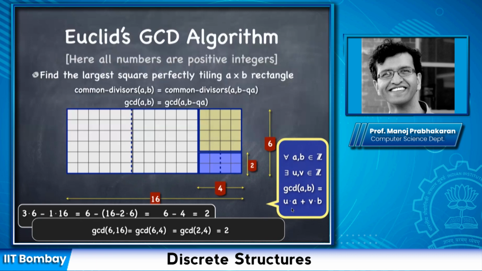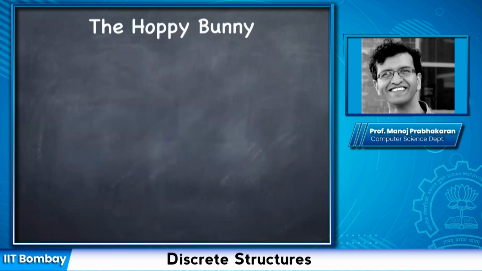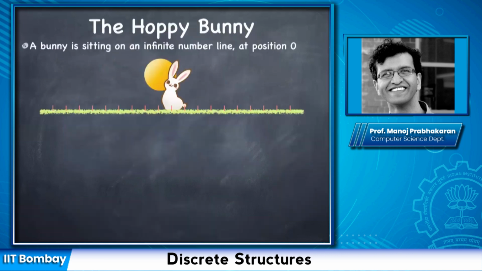Okay. All right, so let me switch gears and do something which will let us prove this claim here. Here's a picture of a bunny sitting on a number line. These little red notches correspond to the numbers 0, 1, 2, 3, and so forth, and it goes both ways infinitely.